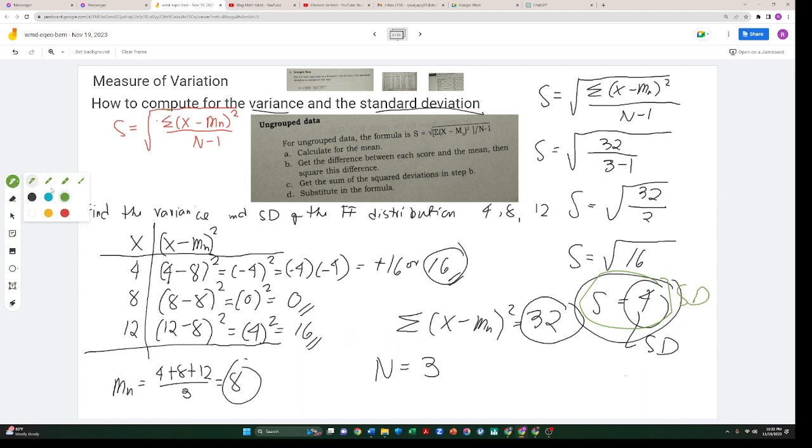To find the variance, you just square it. Your s is 4, so you put 4 and square it. Therefore, your variance is 16. So again, your standard deviation is 4 and the variance is 16.